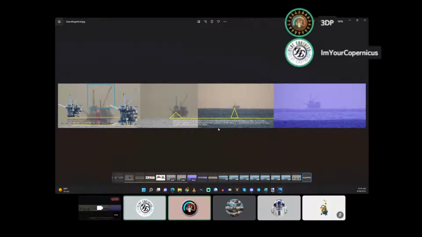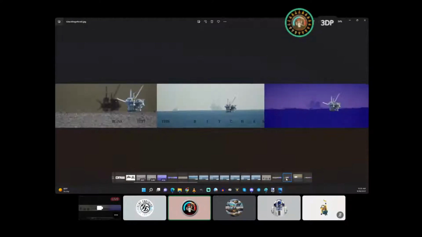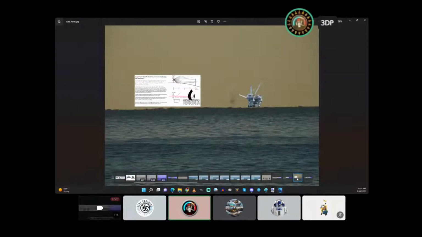But I think that's the point we were going to here, was the blink test and how the optical distortion, you would never be able to get the proportions right from a true size representation of that, like your PNG. You will never be able to size that to anything that you're seeing in any of the other pictures. It would be an impossible task.